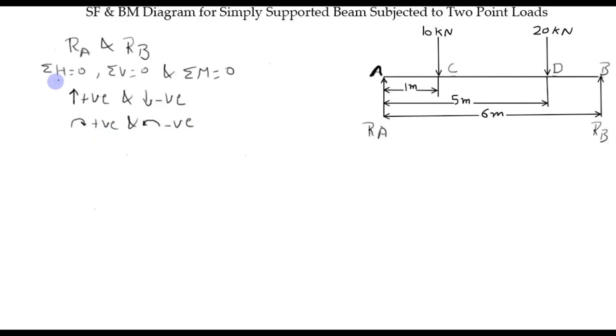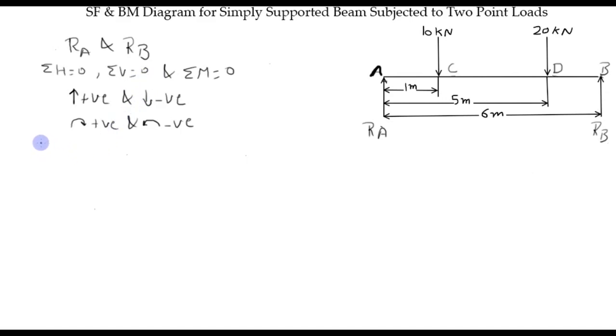So first equilibrium condition is sum of all the horizontal forces are 0. So there is no horizontal force in this diagram, so this will not apply. Now the second equilibrium condition is sum of all vertical forces are 0.